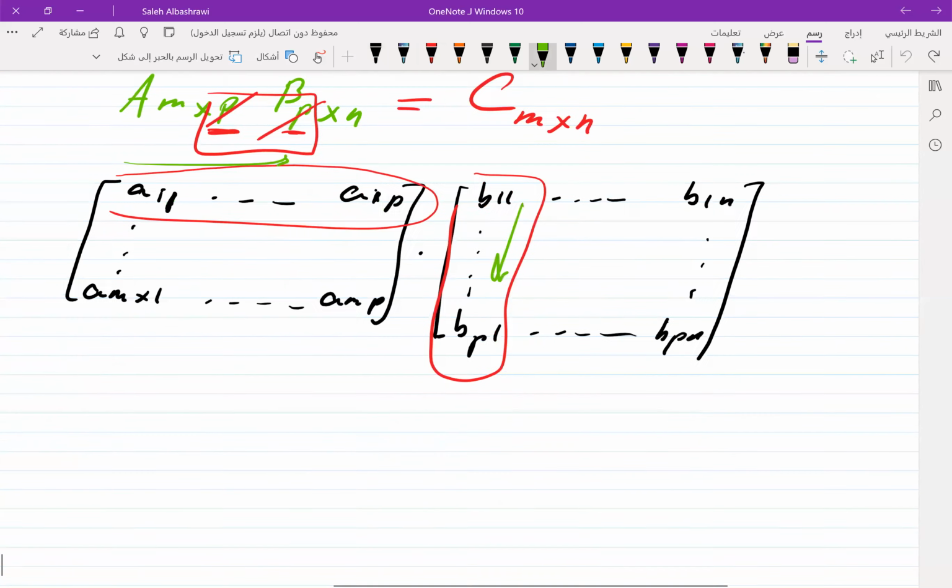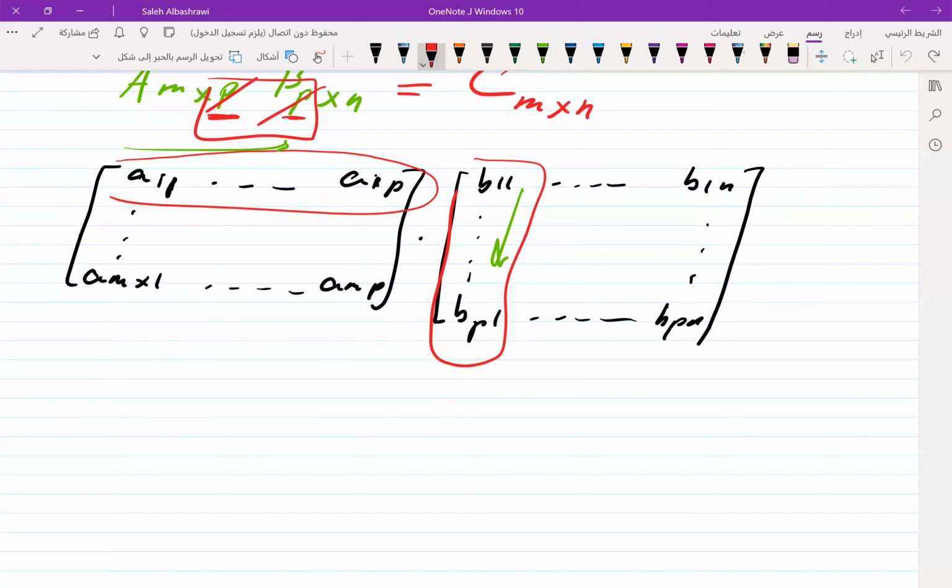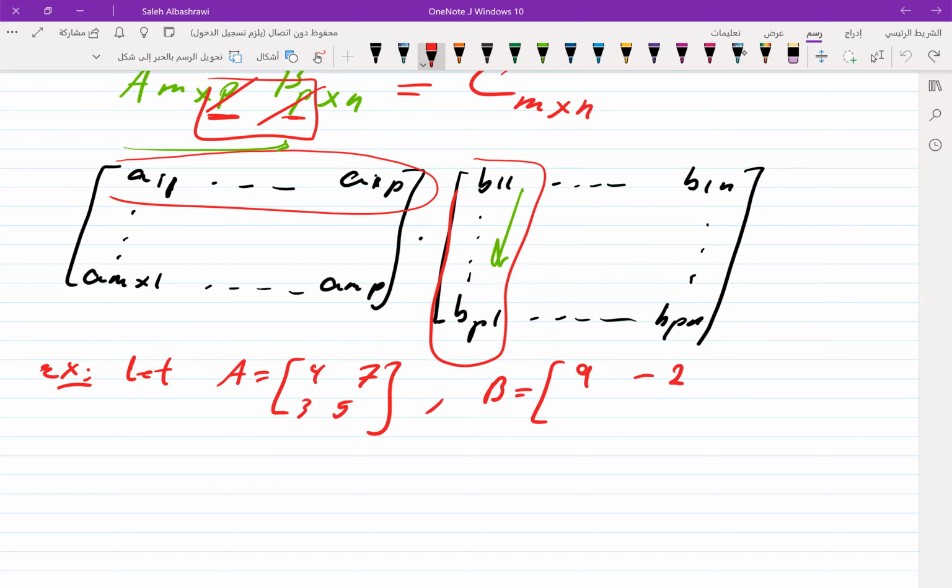To explain this with examples, let A equal 4, 7, 3, 5 and B equal 9, minus 2, 6, 8.